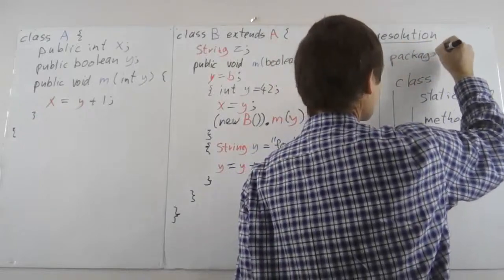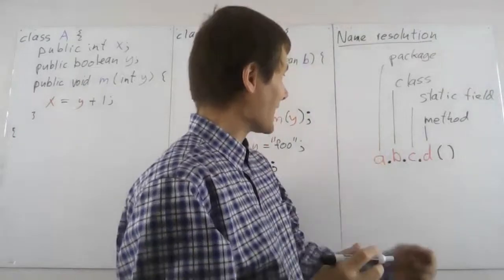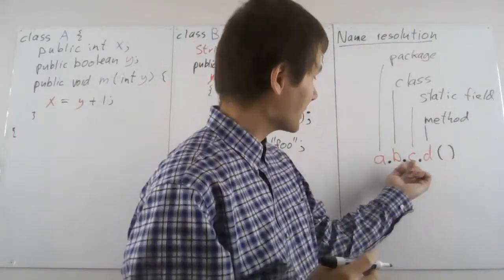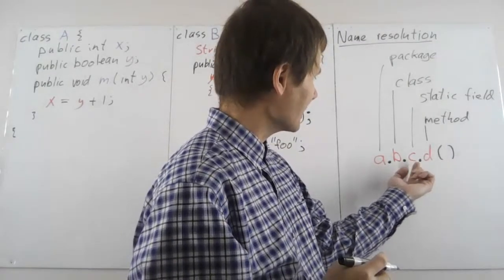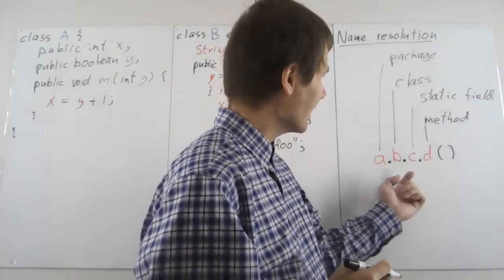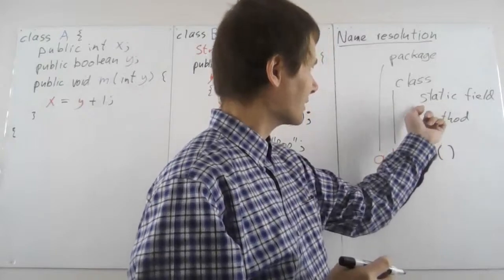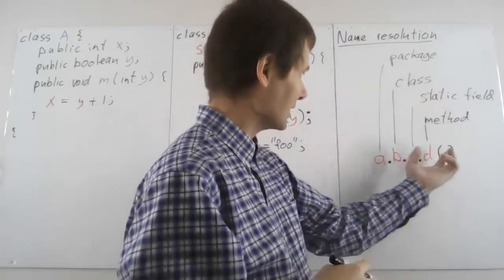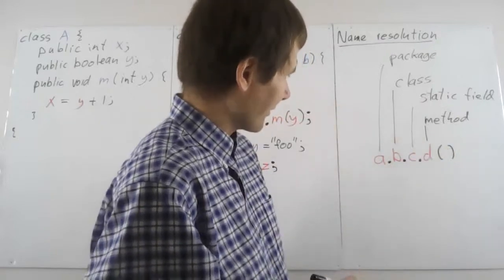So I have a package named A, and inside it there's a class B, and that class B has a static field C. So you say B.C, and that static field is a reference to some object, and that object has a method named D, and you're calling that method on that object.